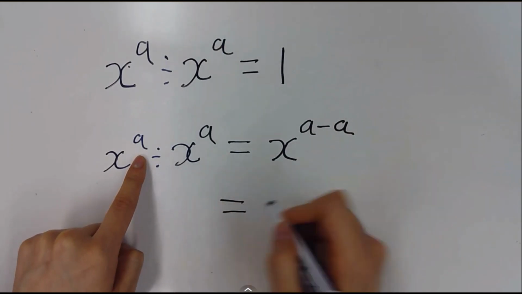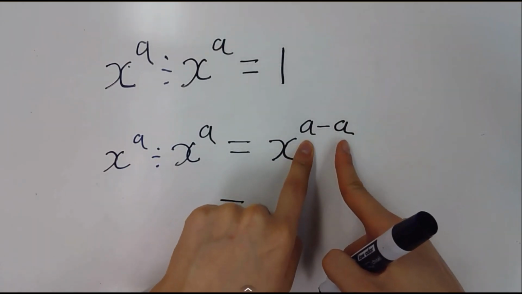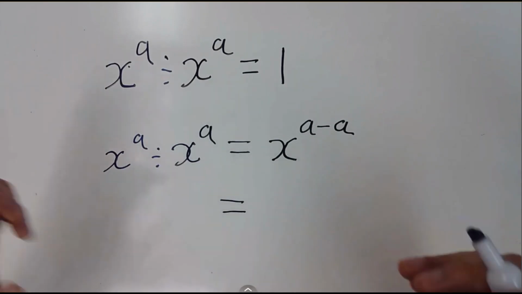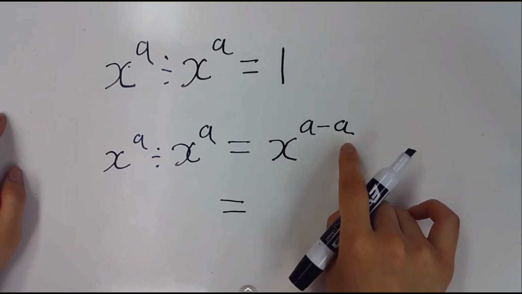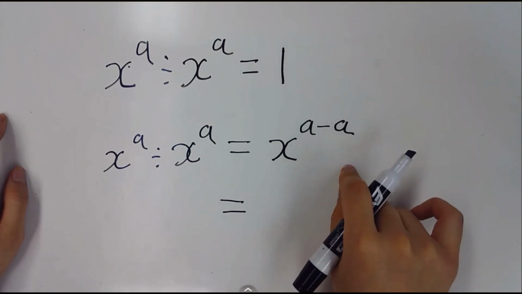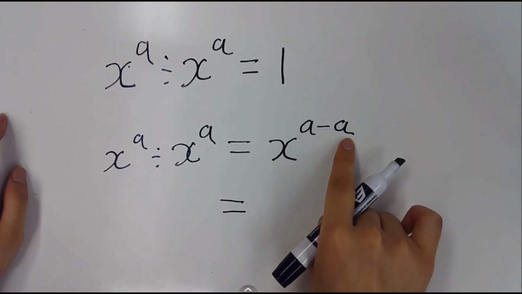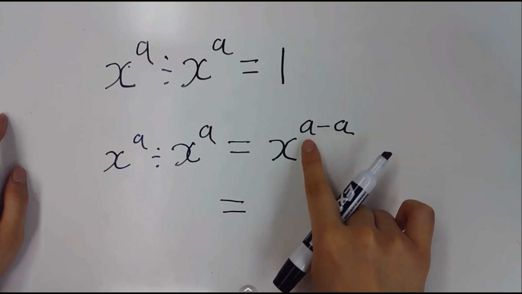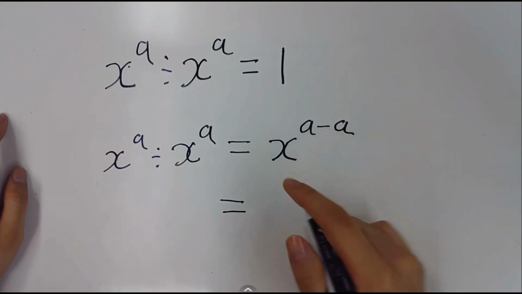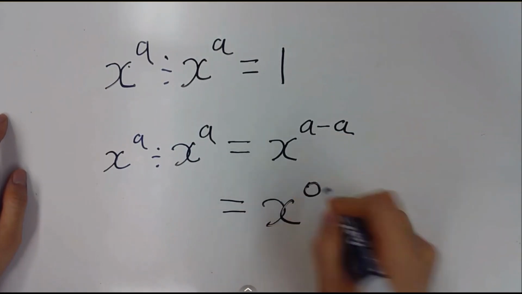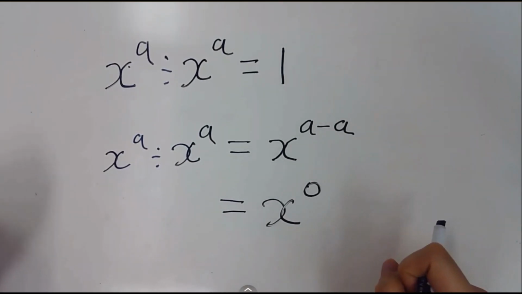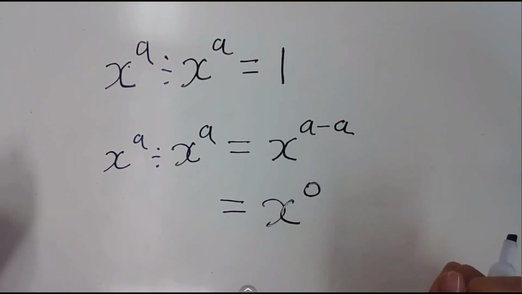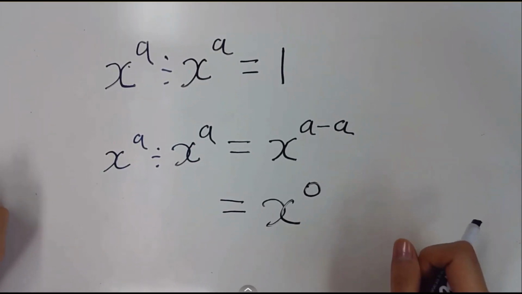And what is a minus a? Again, yes, these are letters and it may look complicated, but the idea here is that we are subtracting a number by the same number, which is always equal to 0. Just like how 1 minus 1 is 0, 2 minus 2 is 0, 70 million minus 70 million is 0, a minus a is just 0.